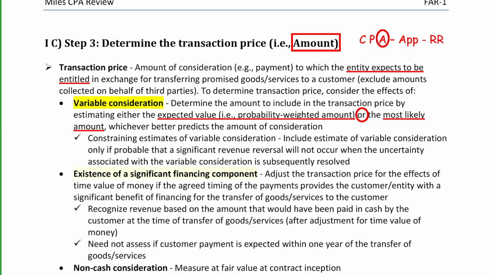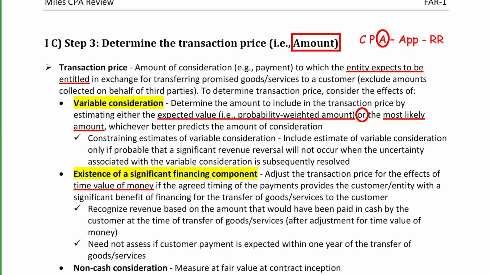Also need to highlight the existence of a significant financing component, especially if the credit provided to the customer is more than 1 year, where the transaction price needs to be adjusted for the effects of underlying the time value of money.